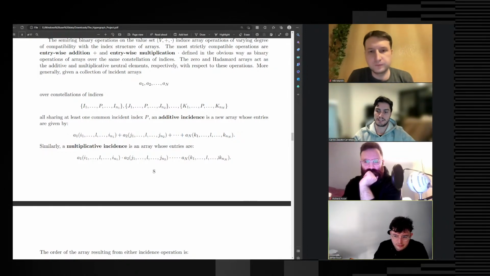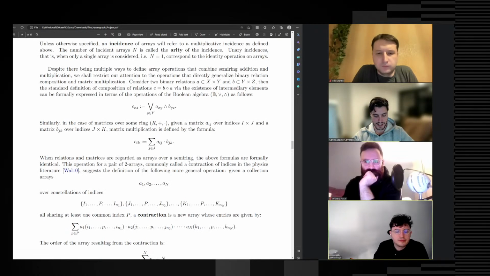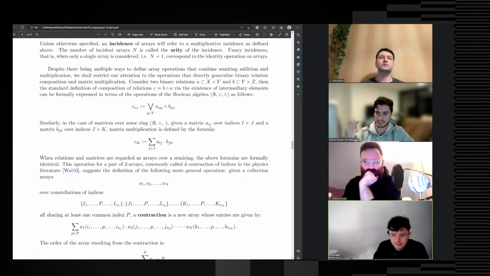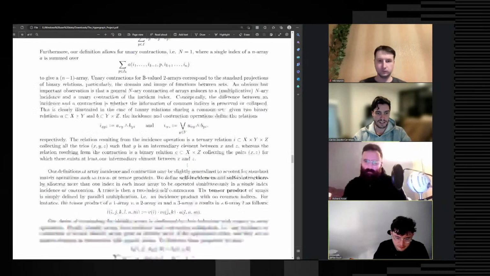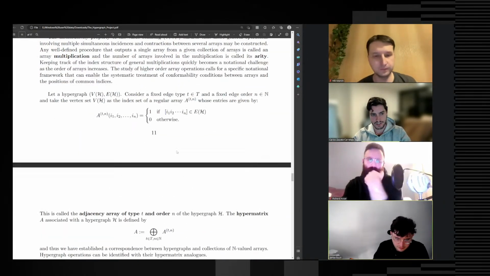So anyway, this is just to emphasize that these operations are algebraically natural, but they are mostly motivated by the fact that they represent hypergraph information very naturally, right? That's why we're taking these operations and not others. Of course, they are vindicated by the fact that when you define the adjacency hypermatrix of a hypergraph, you find these are the natural operations.